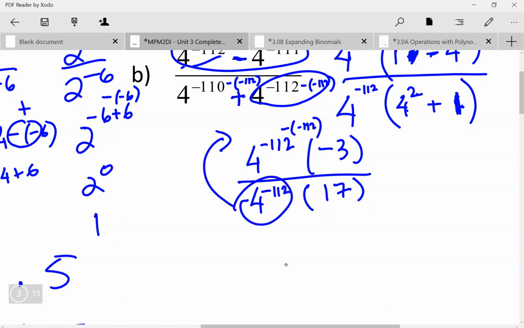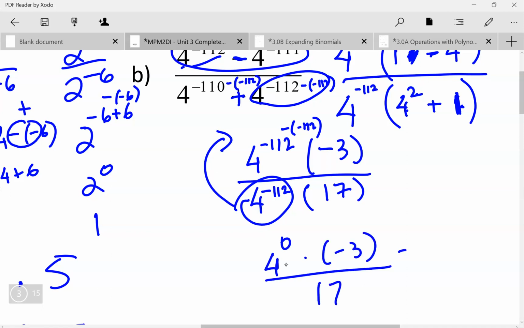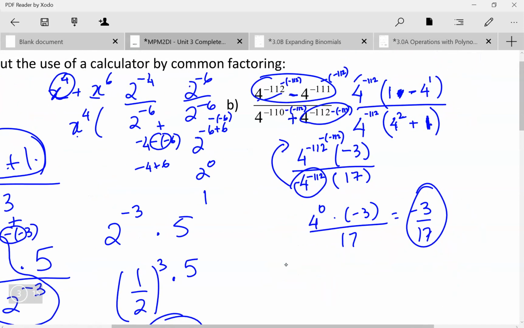Again, I'm collecting things with similar bases or same bases. And here we get 4 to the power of 0, which is just 1, times negative 3 divided by 17, which is just negative 3 over 17. That is my final answer there.